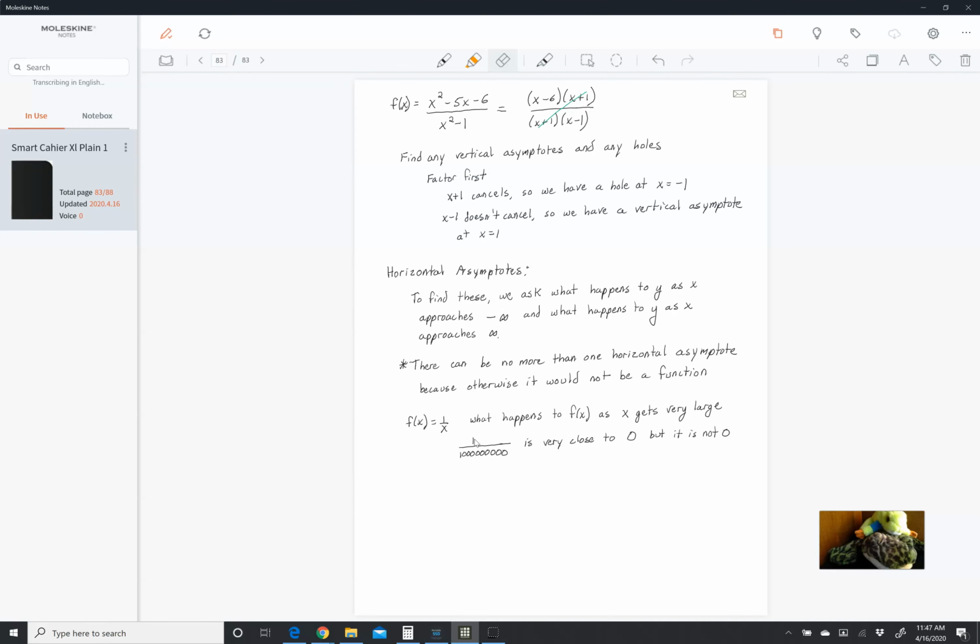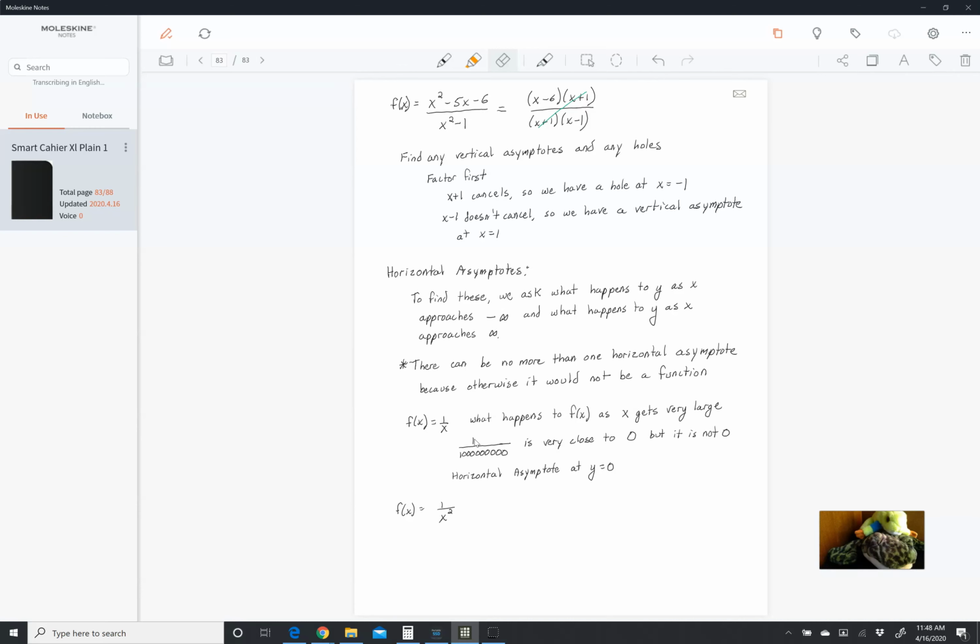So we have a horizontal asymptote at y equals 0. Let's take another example. Let's say that we have f of x is equal to 1 over x squared. Well, we're asking ourselves the same thing. We're saying, well, what happens to f of x as x gets very, very large? Remember, f of x is like y.